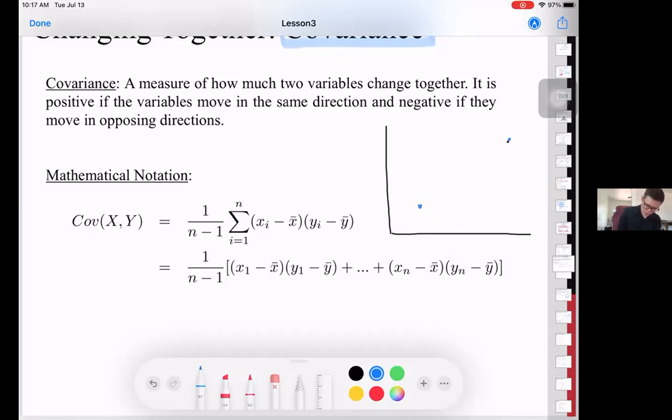And just to make it simple, this will be y2 and y0. And then the x will be similar, 0 and 2. We're just trying to make the math really simple.